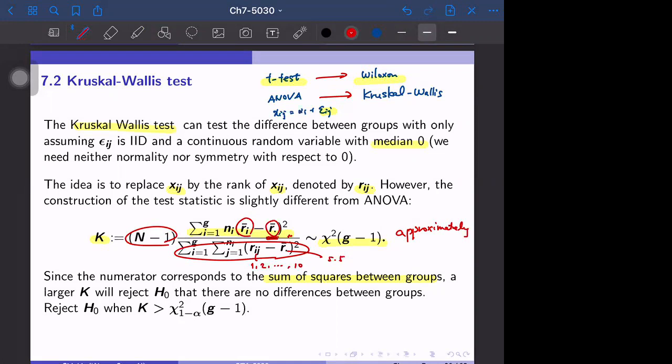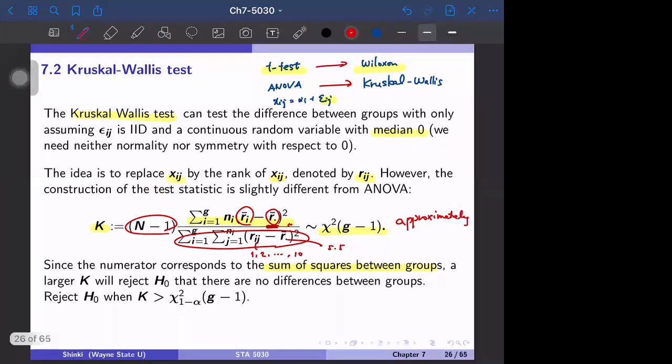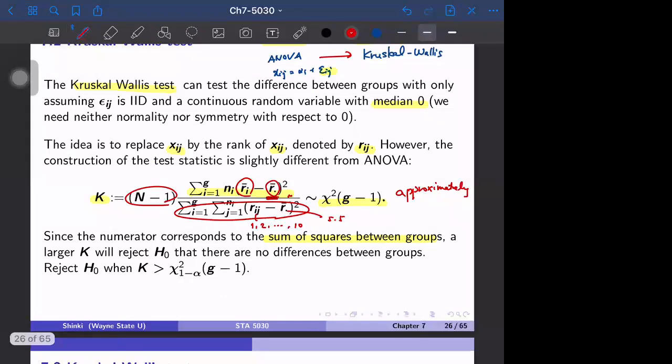I think this is an old result from the 1950s, where some approximation was done. We reject the null hypothesis that all groups are the same when this test statistic is large enough. The numerator is the sum of squares between groups, so if this is large, then the groups are different, and we reject the null hypothesis.